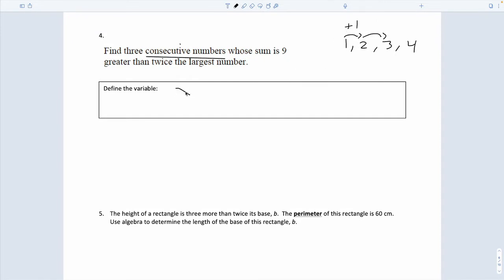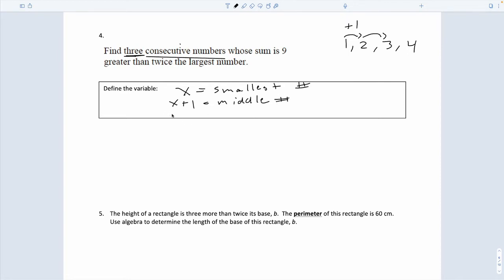Let's define the first variable. There's 3 of these things, so x is the smallest one. What would the next variable be represented as? Yeah, Charlotte? You're just adding 1. If you had 1 and then 2, you would have to add 1 to the, you can say that's the middle number.